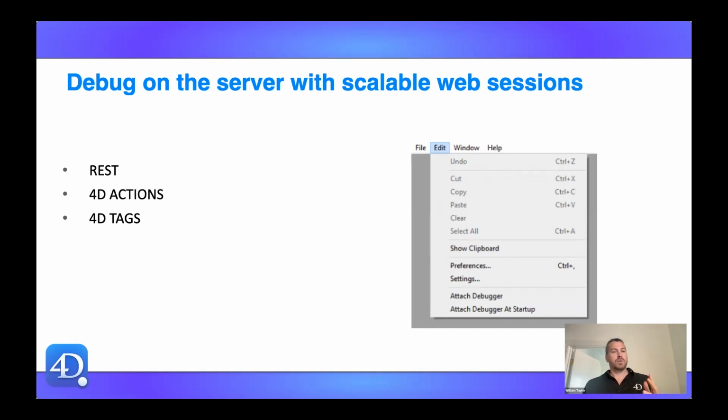So just activate your debugger on the server or remotely with the attach debugger or the attach debugger at startup menu items. And note, when you attach the debugger, you're running your application in cooperative mode. And if you detach the debugger, the scalable web sessions become preemptive again. Okay, that's just a note, a word of the wise.